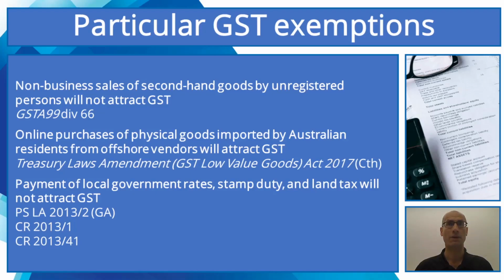And so now if you purchase goods from offshore, through one of the mainstream vendors, Amazon or the equivalent, they will actually add GST on directly, and they will remit that to the federal government. If you're purchasing it from something outside the scope of those vendors, you'll be required to pay the GST to customs.